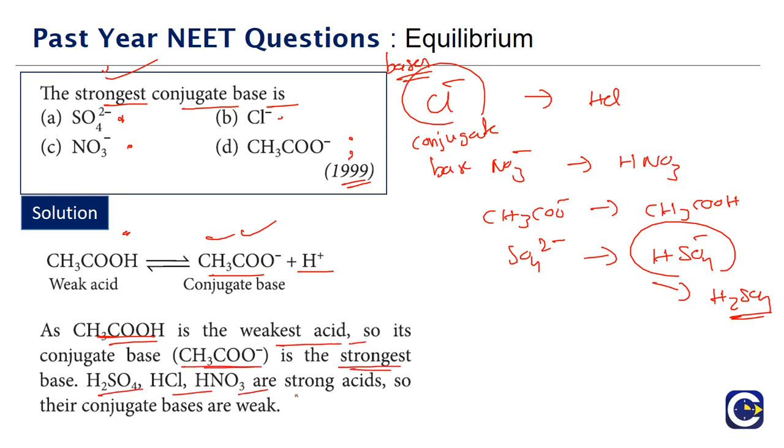Whereas the other acids are all mineral acids, they are stronger, so the respective conjugate bases will be weaker bases. This is how we look at the comparison between conjugate acids and conjugate bases. Whenever the conjugate acid is weak, the corresponding base will be strong. If the acid is strong, the corresponding base will be weaker. So the answer for this is option D, which is CH3COO minus, the acetate ion.